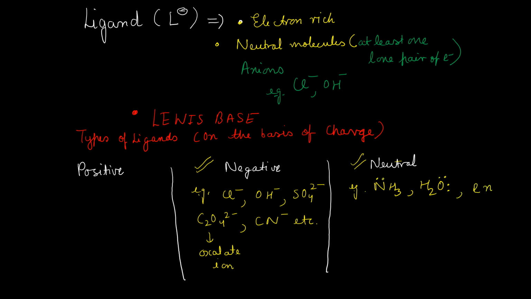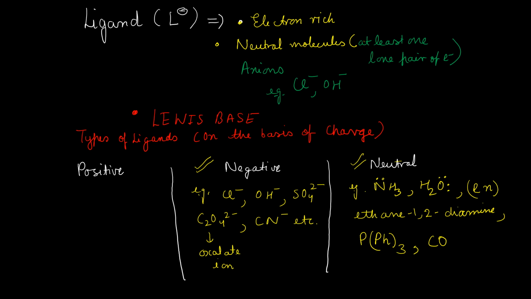Similarly, en or ethane-1,2-diamine, triphenylphosphine, with phenyl groups and phosphine, then carbon monoxide, they all are neutral ligands. They have no charge on them, but all have at least one atom having a lone pair. That's why you can call them neutral ligands.